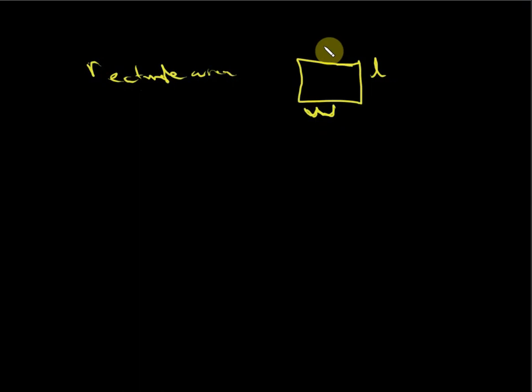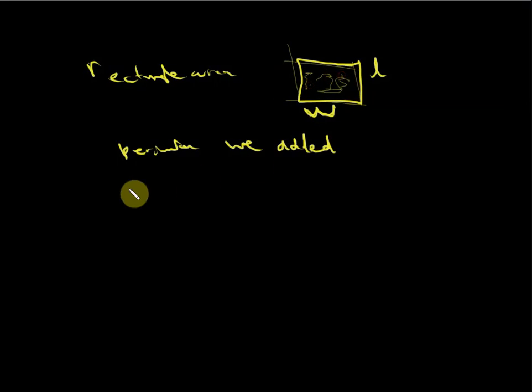Remember, with the perimeter, we added, because we were just looking at how much fence we need. Now we're looking at the inside, so each of these little blocks. So now when we look at the area, we're just going to multiply.